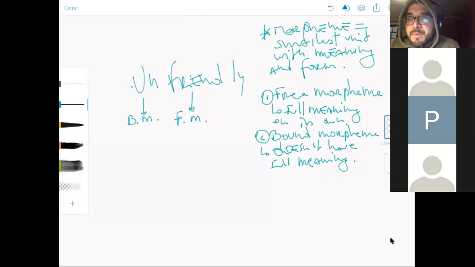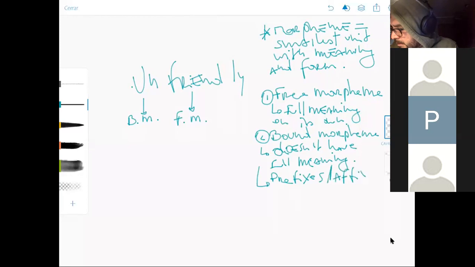Well, bound morphemes can be of two different types. They can be prefixes or suffixes. We're going to call them prefixes when they are encountered in front of the free morpheme. And we're going to call them suffixes when they are encountered after the free morpheme.